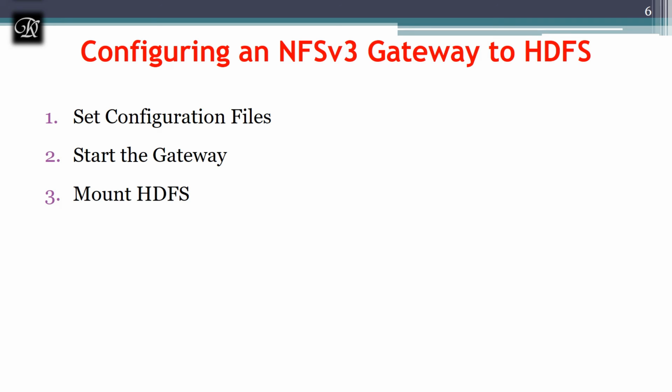Once that is done, if you check the respective mount at /mnt/hdfs, you will see the files you have mounted. This is how we set up and configure the NFS gateway to HDFS.